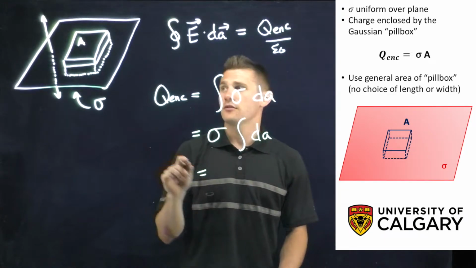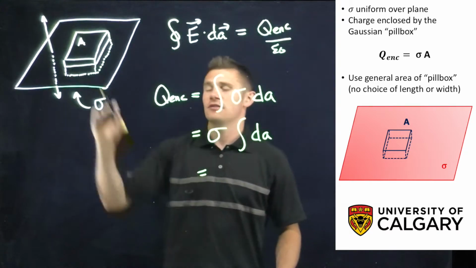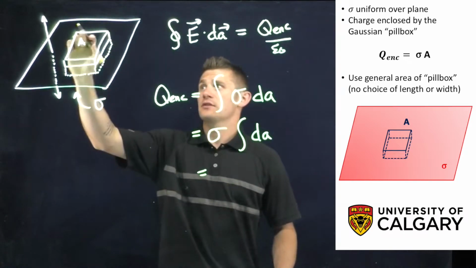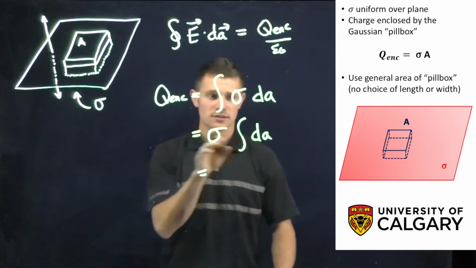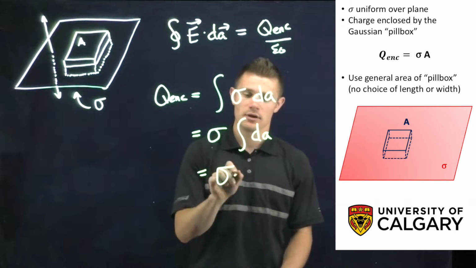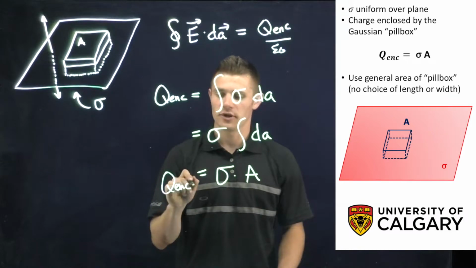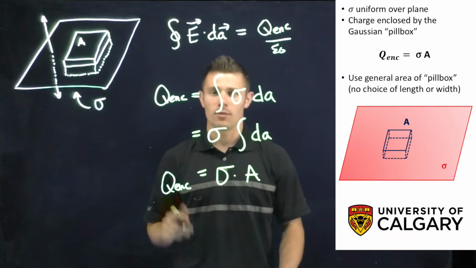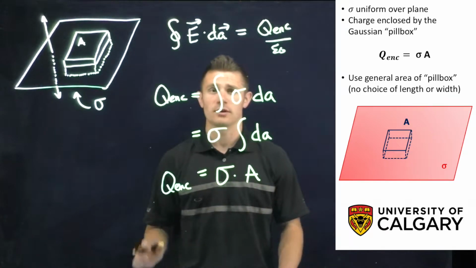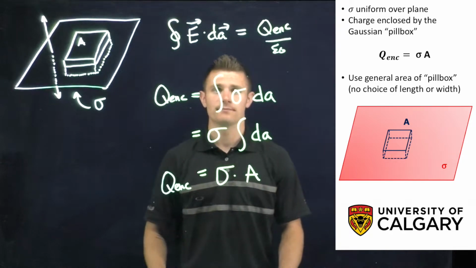And then instead of trying to figure out what the sides of this pillbox are, we know that the surface area is simply A. So this integral is going to be sigma times the area A. And we'll just use this general area A for now, because later on it will cancel out with the other side of the equation.